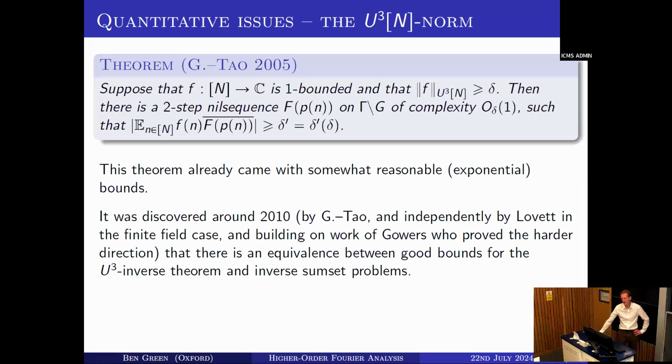And then a few years later, it was discovered that the quantitative issues around this theorem are more or less equivalent to quantitative issues about Freiman-type theorems for subsets. So basically, if you prove good versions of Freiman-type theorems, you get good inverse U3 theorems. That was already known by Gowers, and the other way around as well.